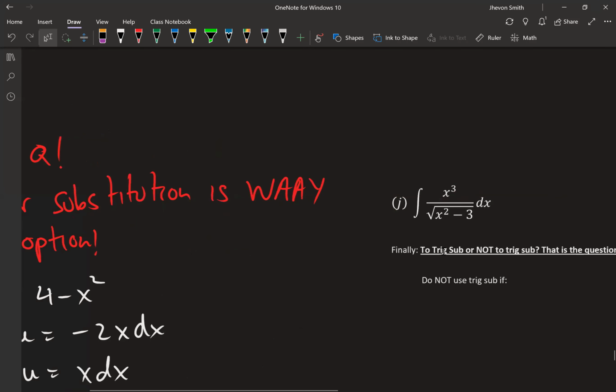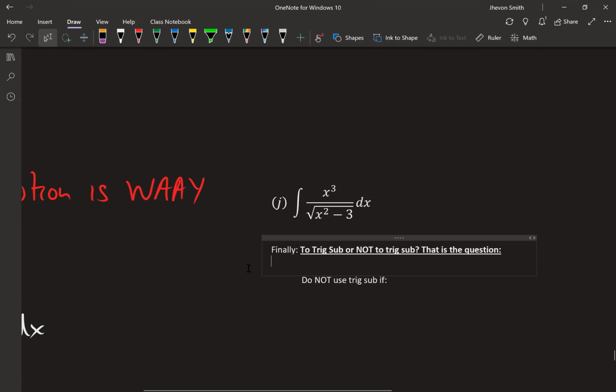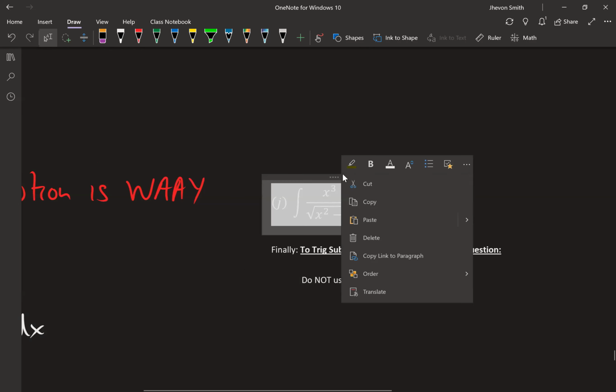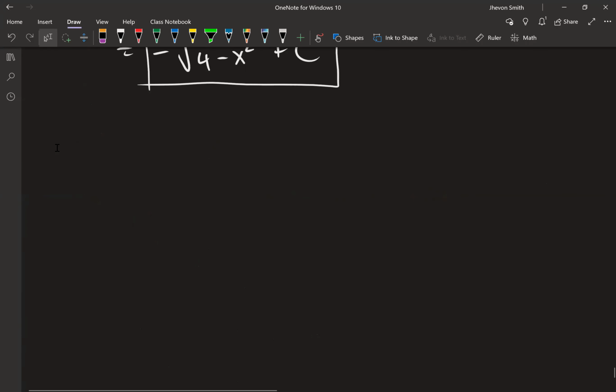Now, this is segueing into a little comment that I wanted to make. Similarly, for this one right here, hopefully you didn't try doing this using trig substitution. I didn't try it, but I assume it's going to be kind of annoying to actually do. Again, this is another regular substitution.